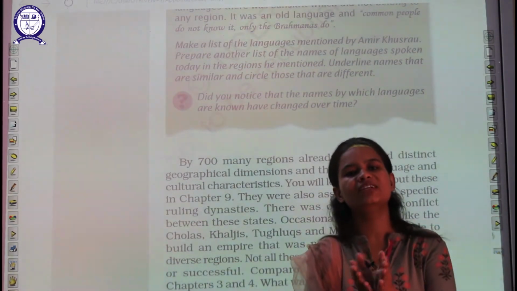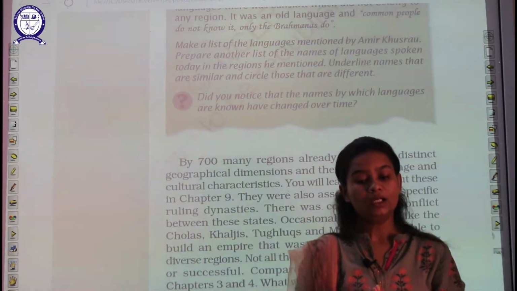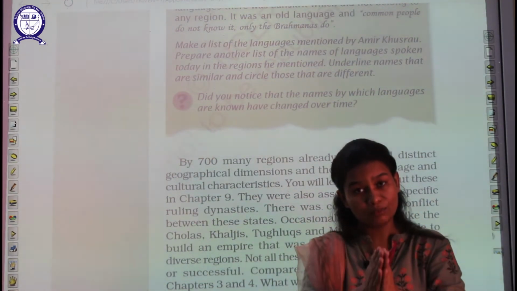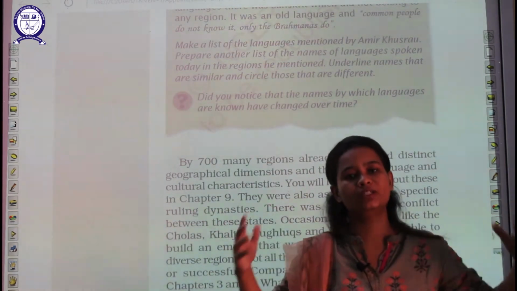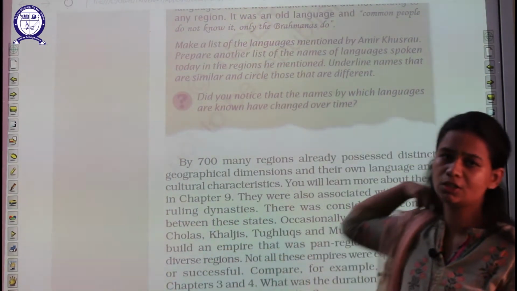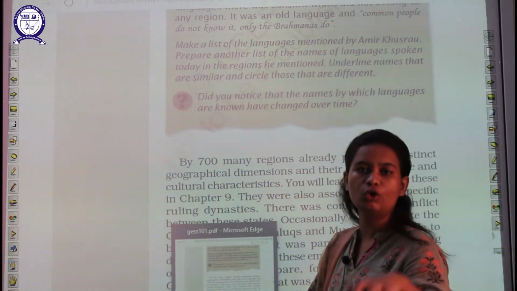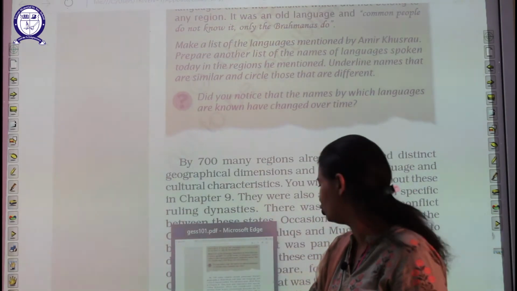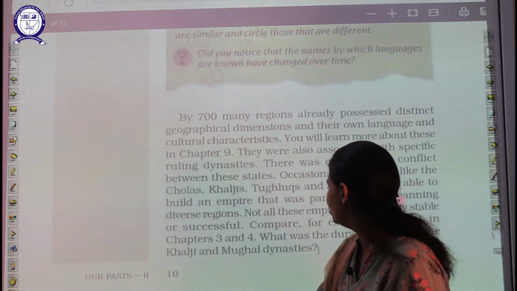They used to diversify their region. One big continent was there, they distributed it into subcontinents, and then the subcontinent was further divided into different regions or parts, so that they could have more control and hold over these territories and resources, and everything could be easily manageable.